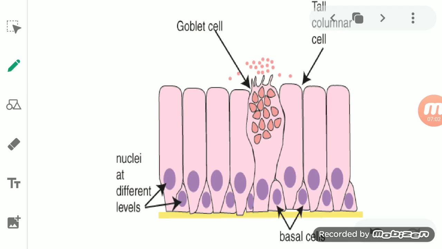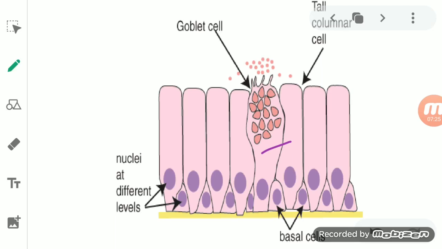Now we will talk about the third modification that occurs in the columnar epithelial tissue. Sometimes these columnar cells become secretory cells, consisting of secretory cells, so it becomes a gland.